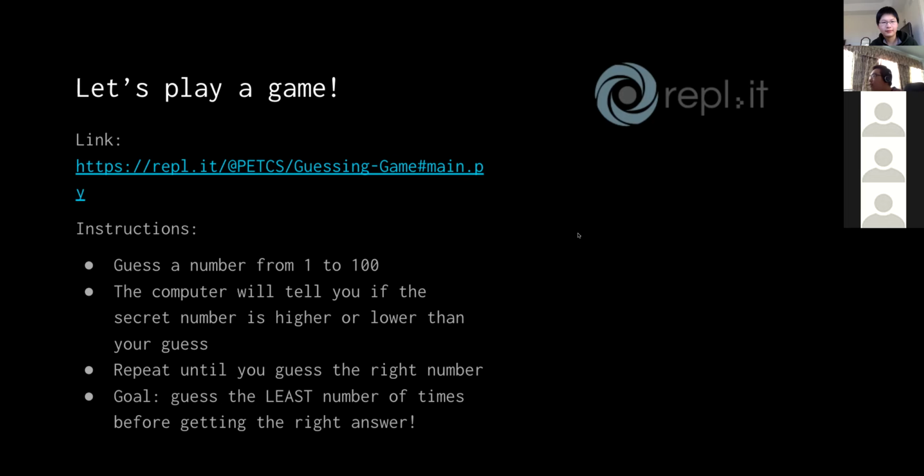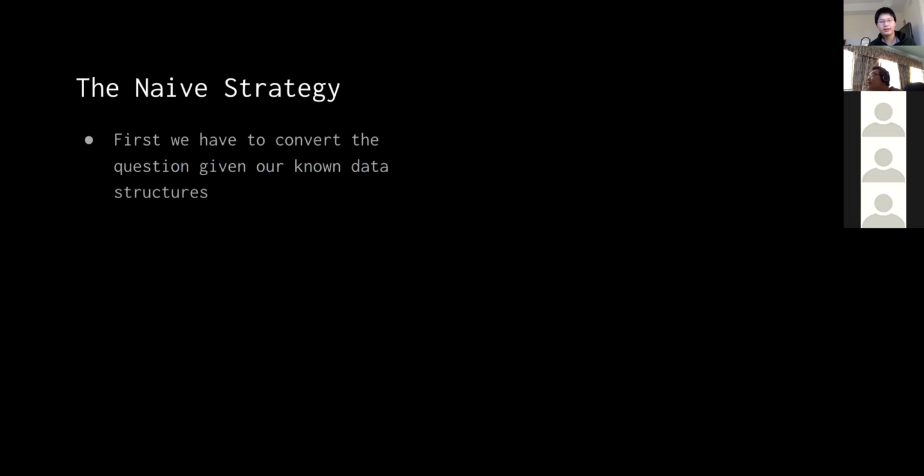Oh god, the computer sucks. So there is a naive strategy, which is obviously where we would just guess every number from 1 to 100, and we want to convert this problem using the known data structure we had taught you previously, to try to write a program that would play this game with the existing program.